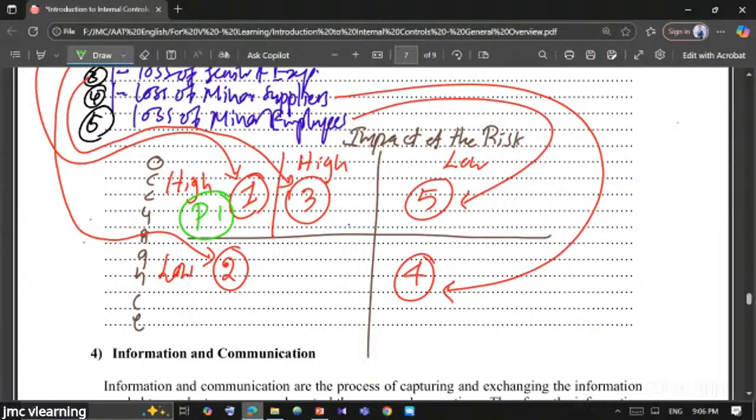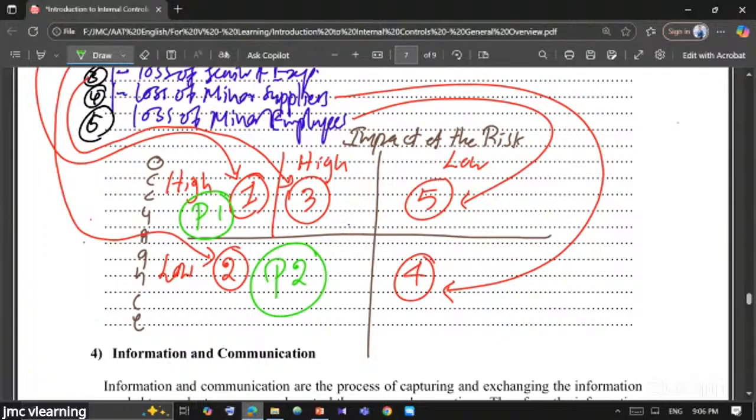Are we clear? Yes, sir. Right. Then I will be putting P2 here, where the impact is high and the occurrence is low. Basically, the IT system breakdown. Out of the 5 risks, I will be giving my second preference to this.